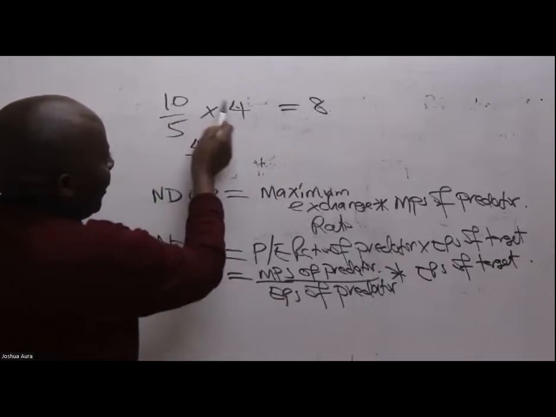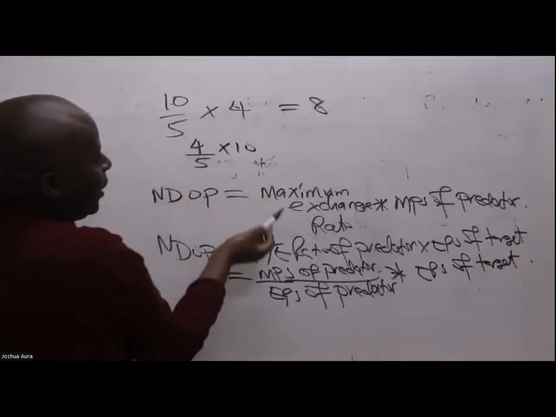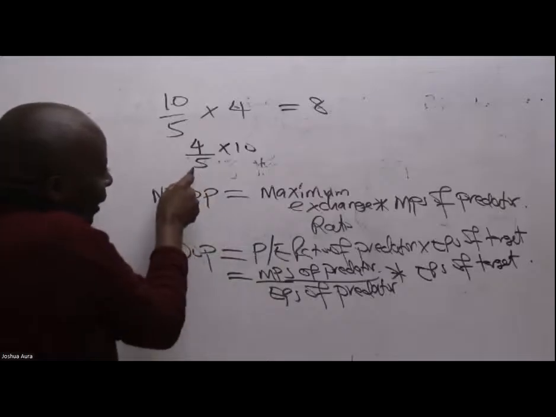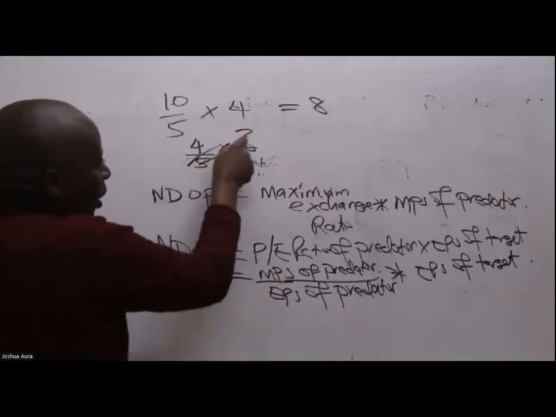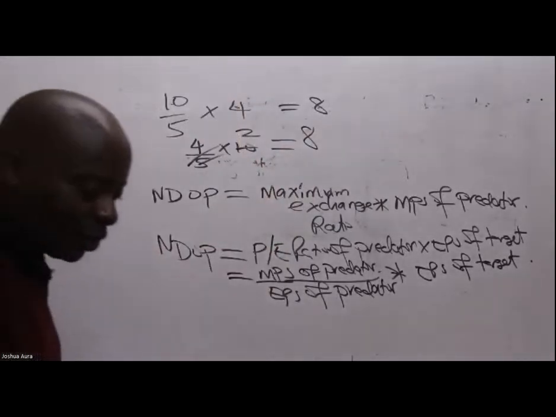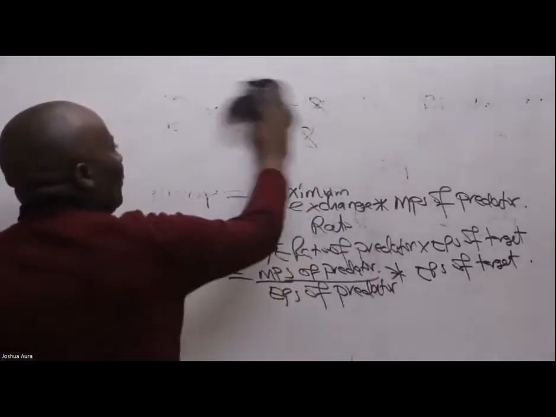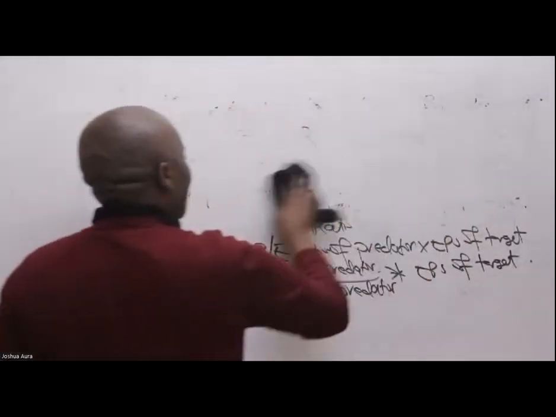I'm just swapping the numbers. This is still okay because in multiplication it still gives me 8. This is very correct in terms of algebra.